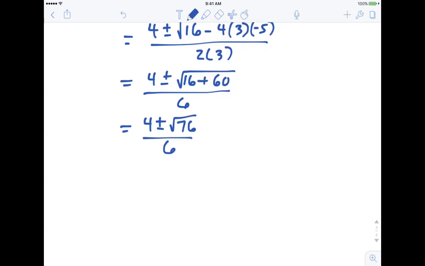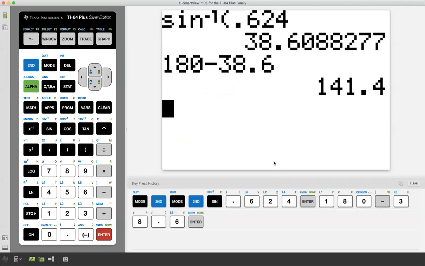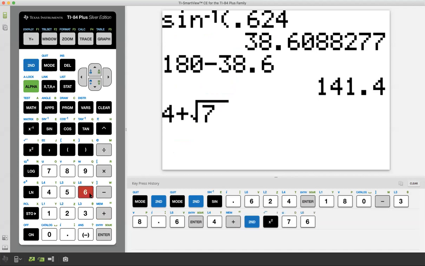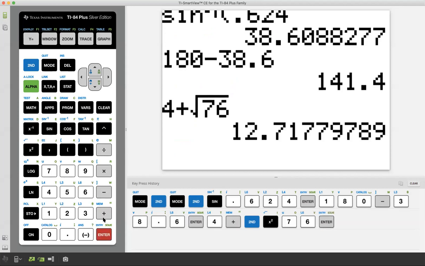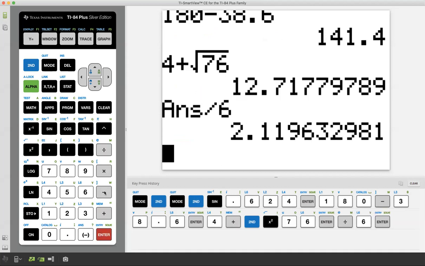In other words, I'm going to jump to my calculator. Let me just show how I'm going to plug that in. I'm doing, in one of them, 4 plus the square root of 76, and either put that in parentheses or just hit enter first and then divide by 6. Right? And I get that value. And I'm going to go ahead and write that down. Now I'm going to carry that out to a few decimal places. 2.1196.